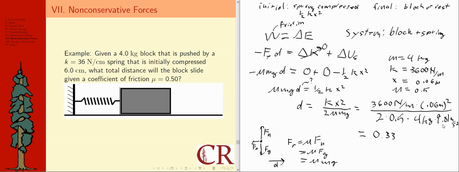The units here are kind of complicated, but I've got newtons down here that would cancel that newton. One of these meters can cancel with that one, but that still leaves 1 meter left over. I could also state that as a total of 33 centimeters. And that's really the total distance from where it started with the spring compressed to where the block comes to rest.